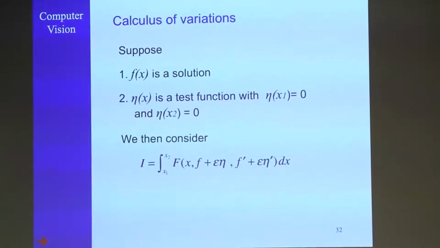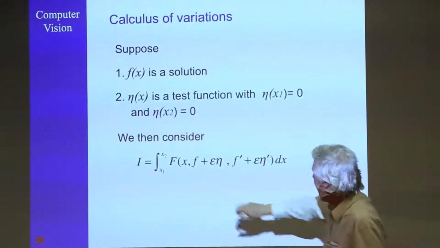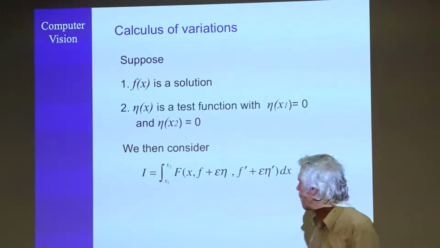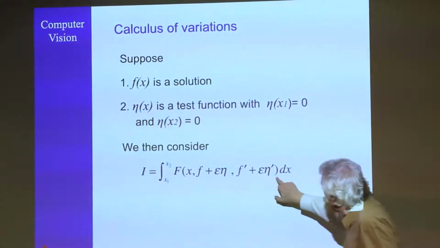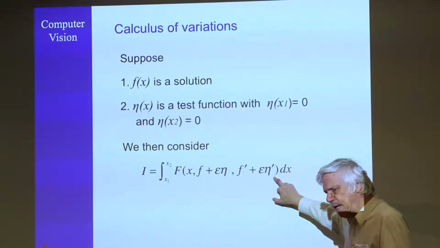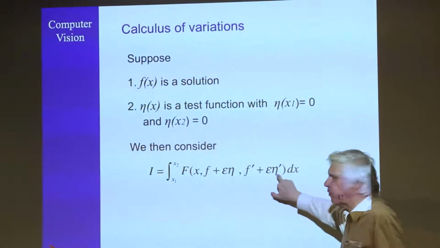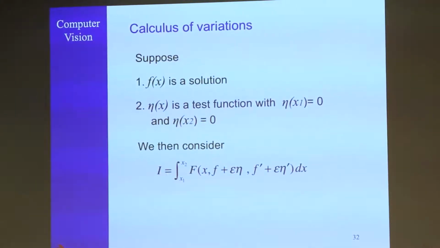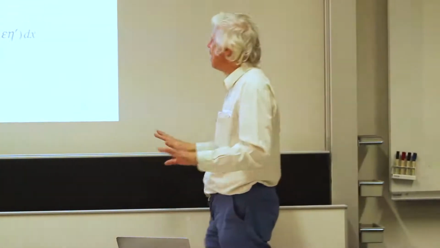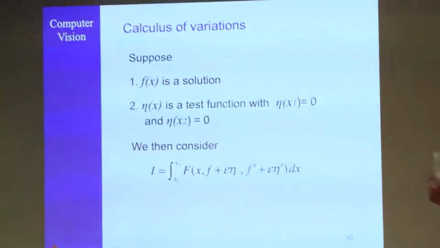So we consider, in fact, instead of the original, this new expression here, where we have not f, but the deviation from f, by epsilon eta. And that's the derivative with respect to x. That's also why I said eta should be, well, we should be allowed to derive eta with respect to x. Right? So it has to have some continuity constraints. But other than that, we have no assumptions about eta. Only this and the fact that derivatives would exist.